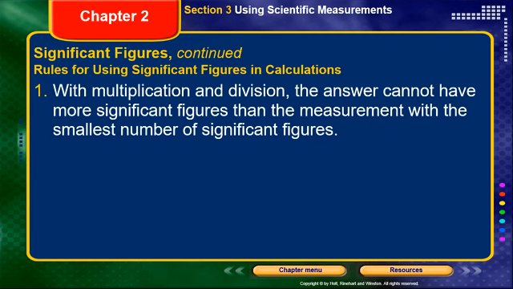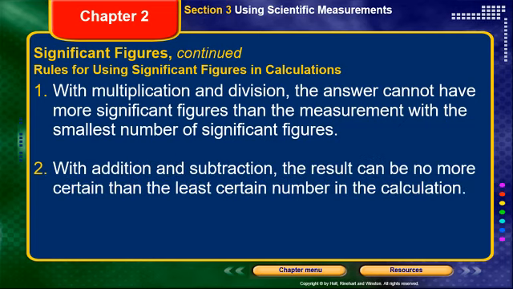When you're doing multiplication and division, the rule is the answer cannot have more significant figures than the measurement with the smallest number of significant figures. So the least exact number, okay, the fewest significant figures, you find that number, and your answer needs to have that many significant figures.